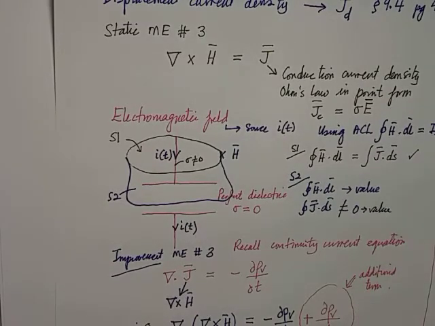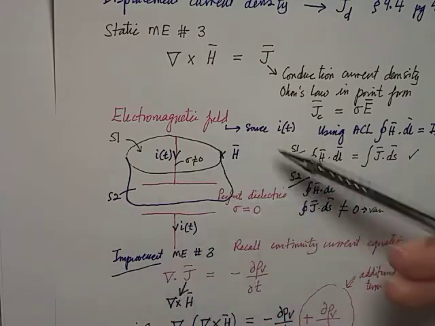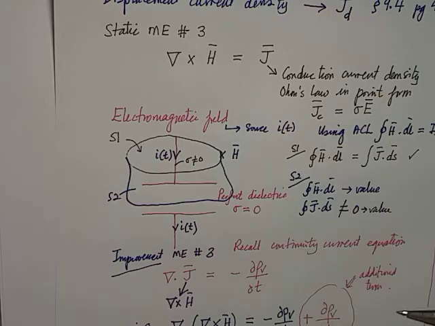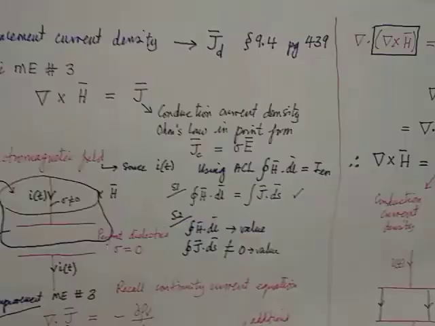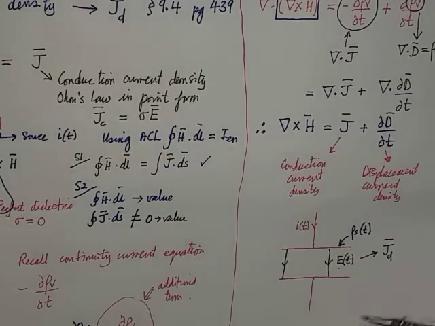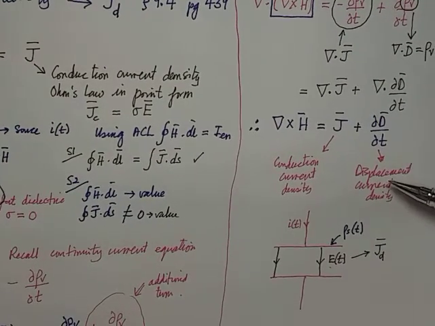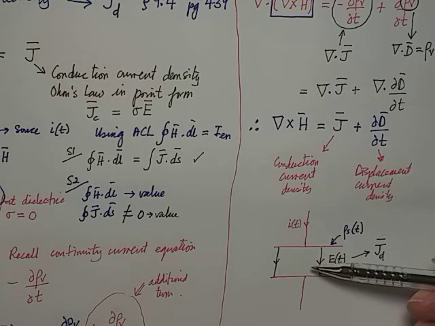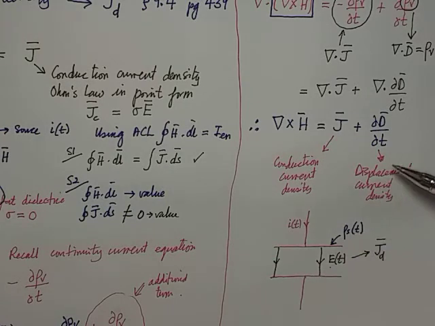Okay, so Maxwell rectified this small error through some investigation by adding a certain term, and he defined that additional term as the new current that appears in the dielectric material, and the current is based on the electric field.